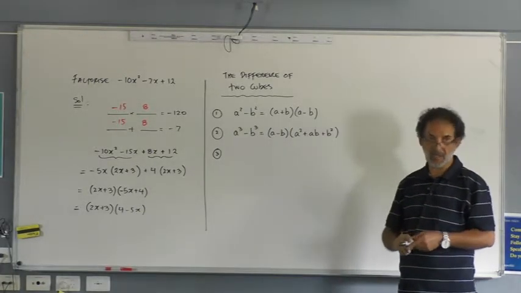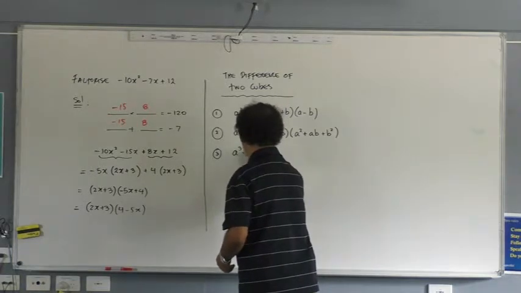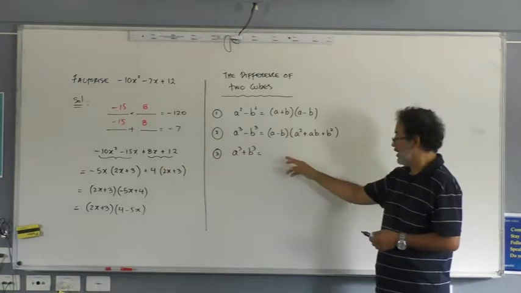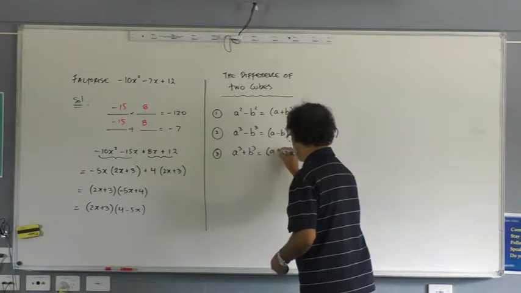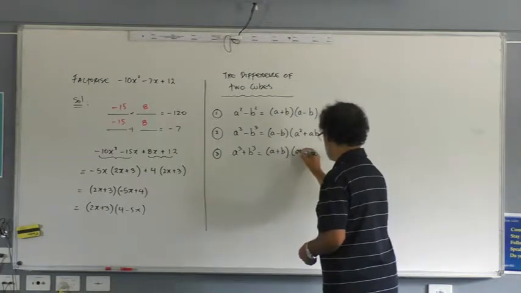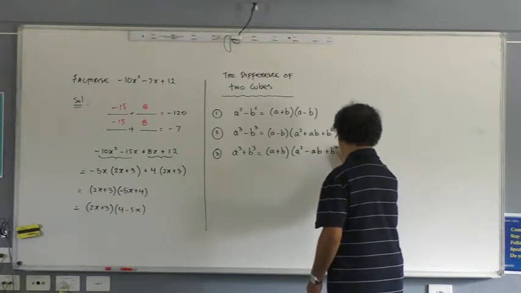If you have plus, pay attention because you're going to have another formula. When you have plus, the first bracket is addition, so it's a plus b. But on the inside is the opposite, so we're going to have a squared minus ab and then plus b squared.